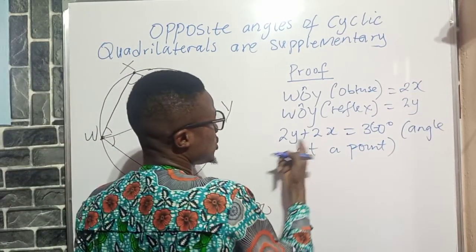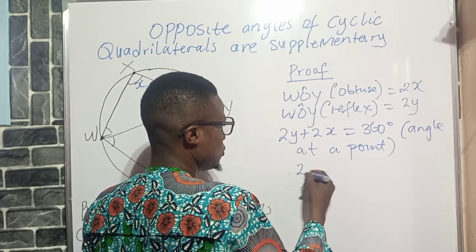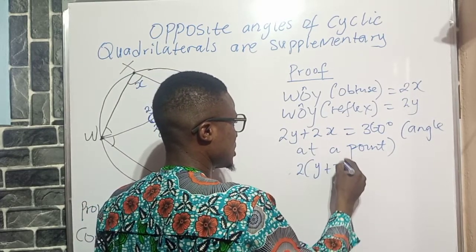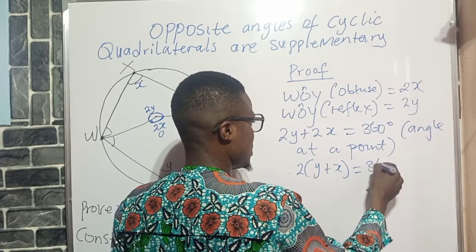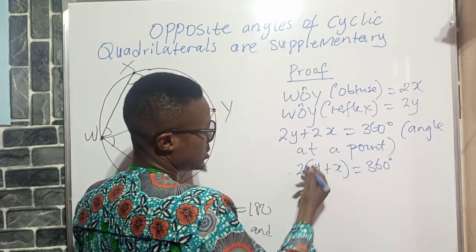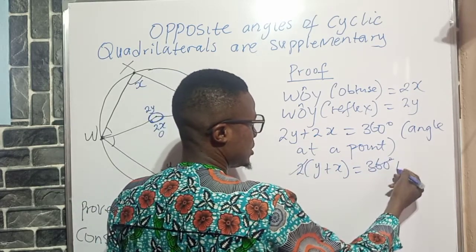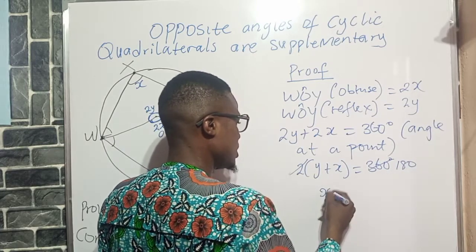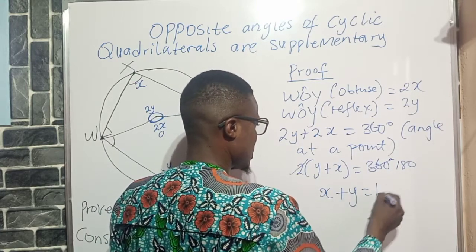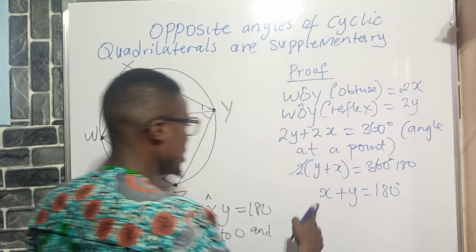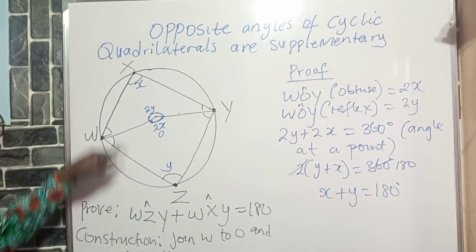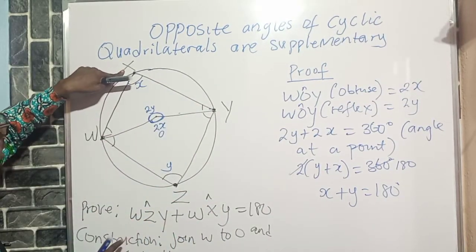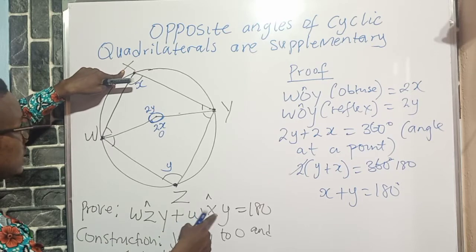Now 2 is common, so I can factor it out. So 2 bracket y plus x is equal to 360 degrees. Divide both sides by 2. 360 divided by 2 is 180. So you've seen that x plus y, or y plus x, is giving us 180 degrees. And what is our x? X is this angle WXY.